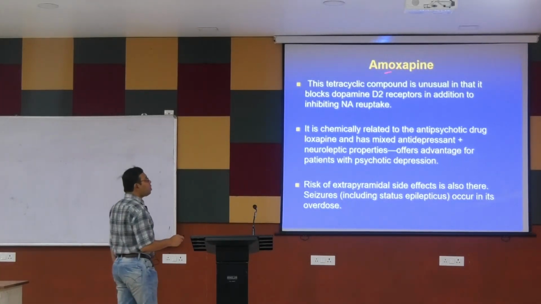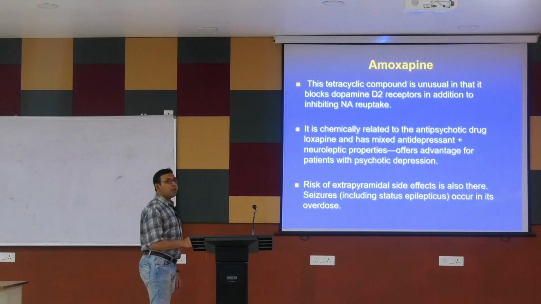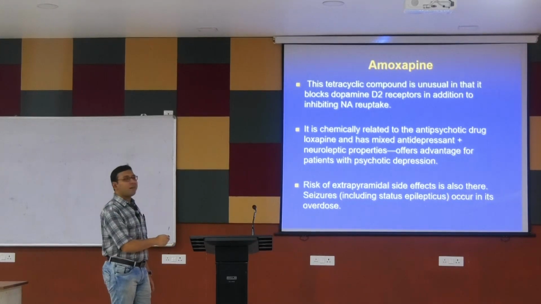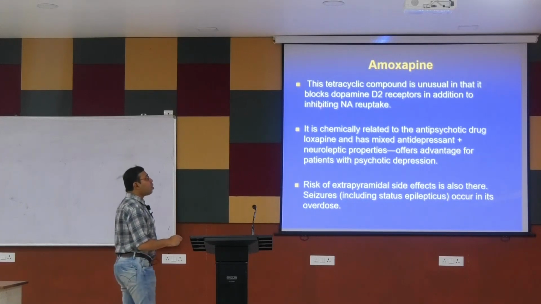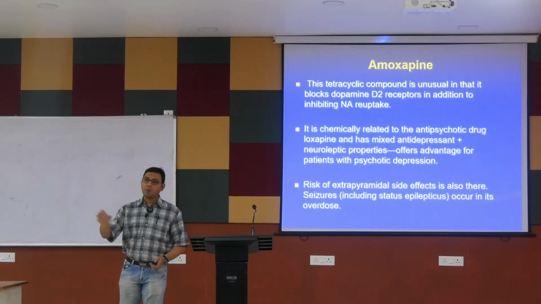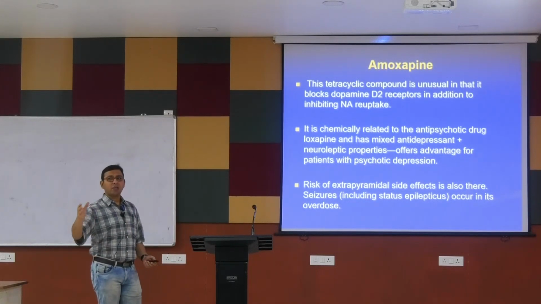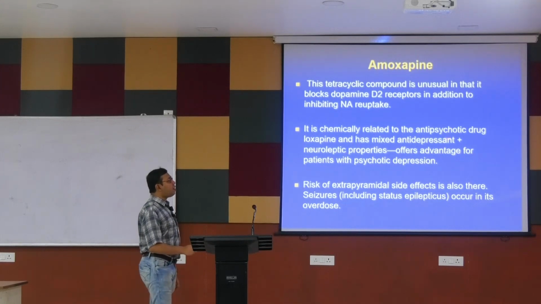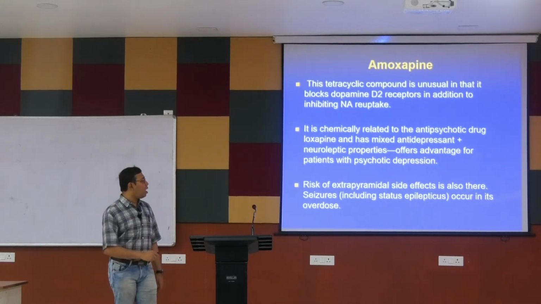So amoxapine is another drug. This is basically a modification of the tricyclic antidepressant. That's why this is a tetracyclic compound, and it also blocks the dopamine receptors in addition to the norepinephrine receptor blockade. So there is some additional action of dopamine blockade. Otherwise, more or less similar mixed antidepressant and neuroleptic properties are there.